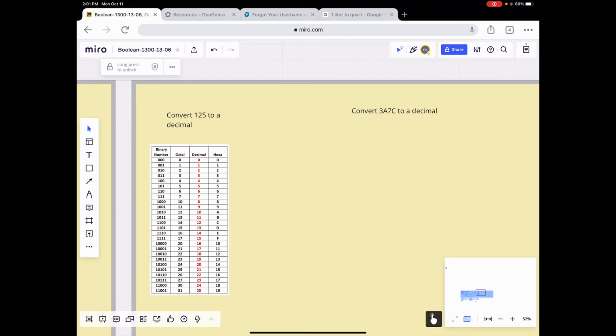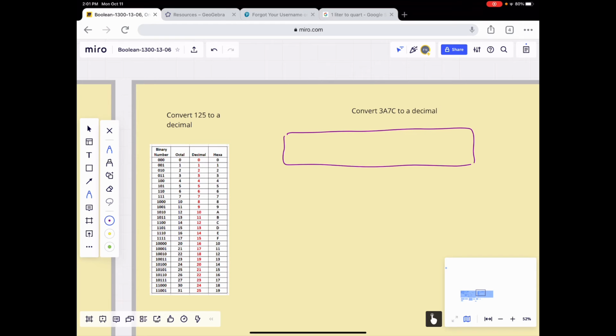First you want to place the place values. Let me draw the place values.